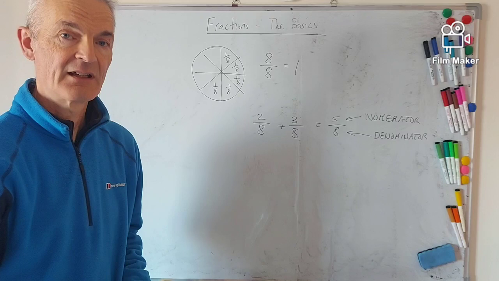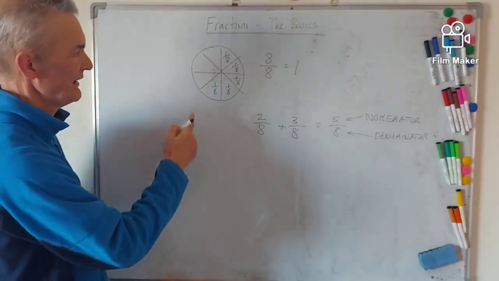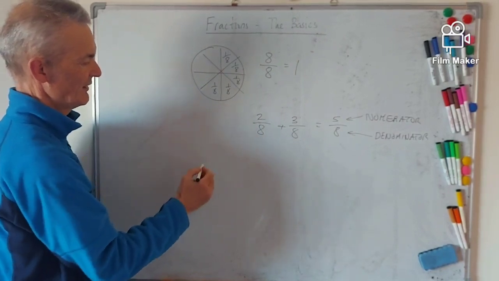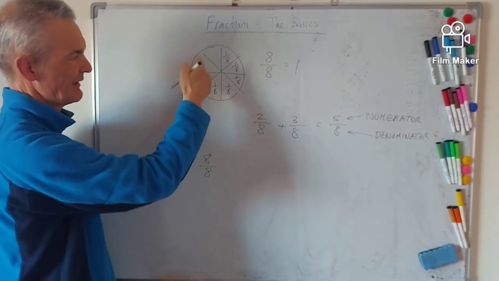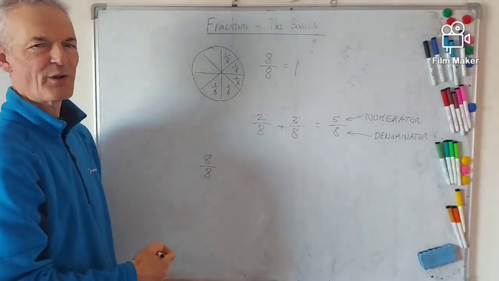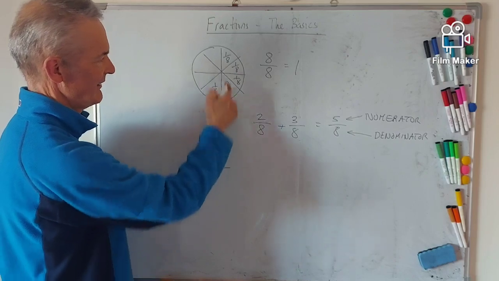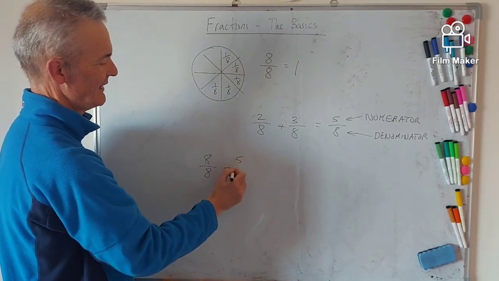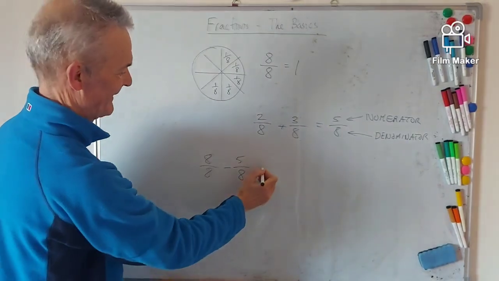And the same thing works if we are subtracting. So here we've got, let's say 8/8, and I want to work out this gap. What have we got missing? Well, we know the total's 8/8, and the bit that we've got here is 5/8. I know the maths is easy here.